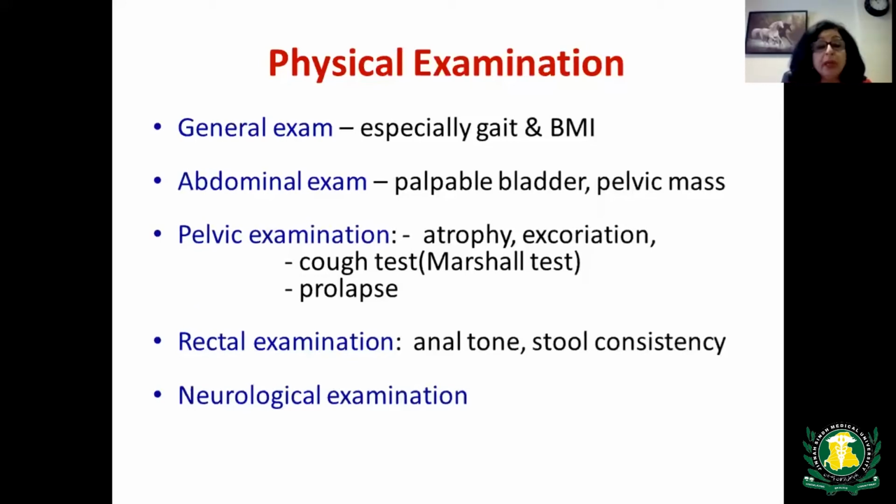But when you do a PR examination, not only does it tell you the tone of the anal canal, but you might be able to find the pouching in the back wall, which would tell you that even though the prolapse was not identified on the vaginal examination, there is a prolapse, because you will feel the absent or deficient connective tissue. And that will also give you an idea of stool consistency, which can represent problems other than urogynecological.